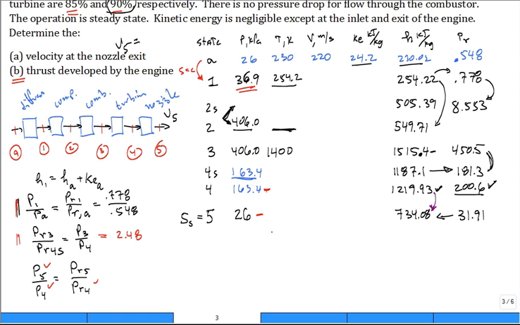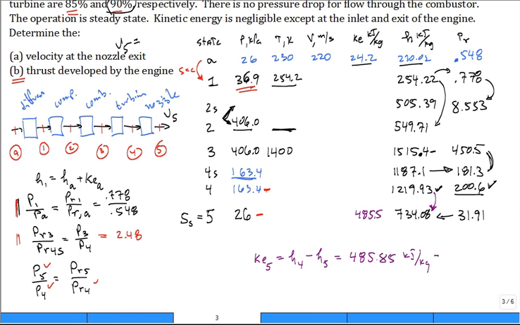So now, from the energy balance, you have the enthalpy at 5 plus the specific kinetic energy at 5 equal to the enthalpy at 4. That difference is the kinetic energy at 5. When we calculate that kinetic energy at 5, it's a whopping 485.5 kilojoules per kilogram.